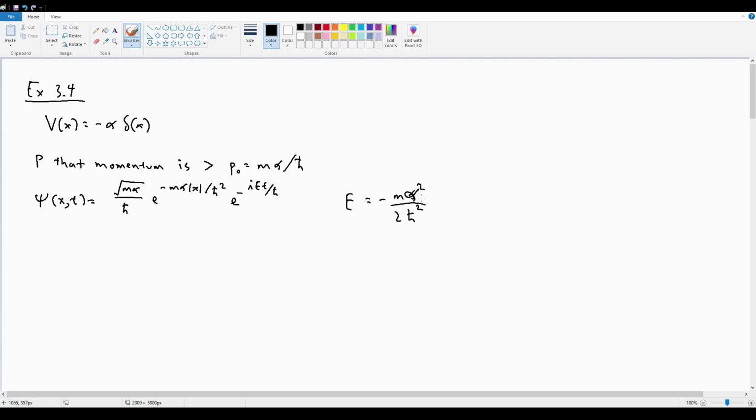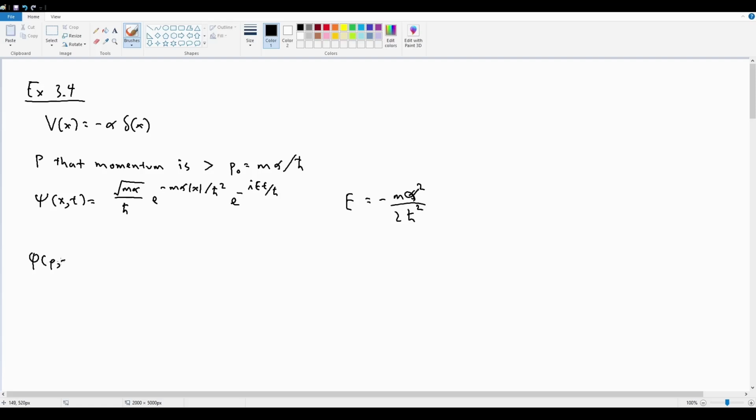So in a delta well there is only one valid bound state with one valid corresponding energy. We're working with momentum, so we want to convert to momentum space to make our math easier. Let's do that via Plancherel's theorem.